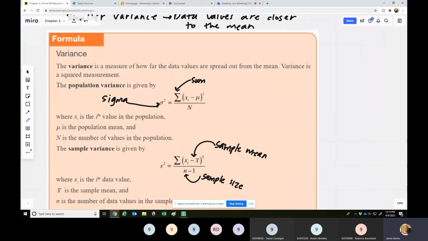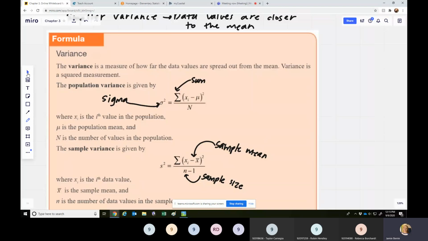But the reasoning has to do with some theoretical aspects of the variance, and basically whenever you are calculating the variance, there's going to be one data value that has no choice but to equal a certain value, because all of the x's in our data set have to average out to equal this x bar.